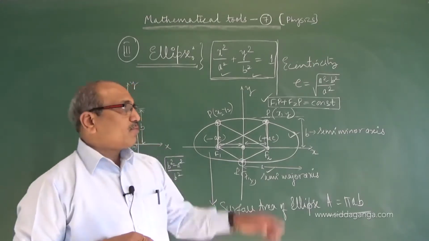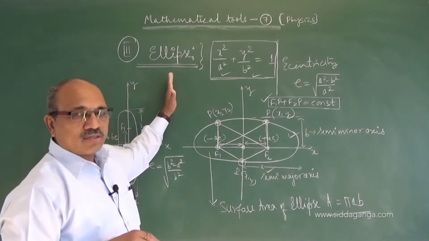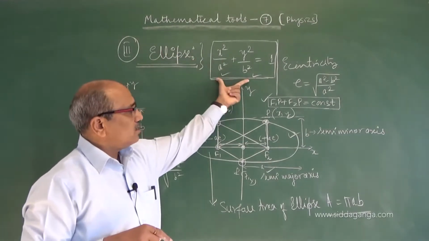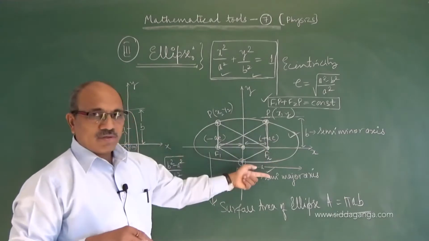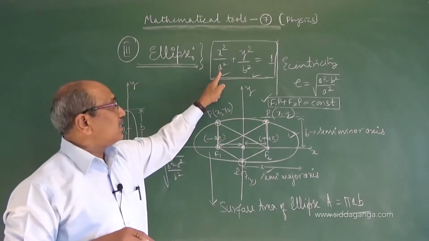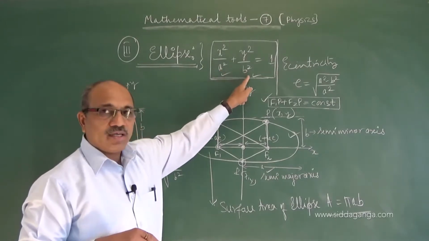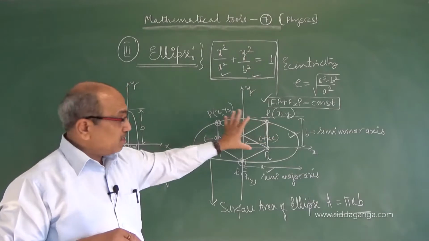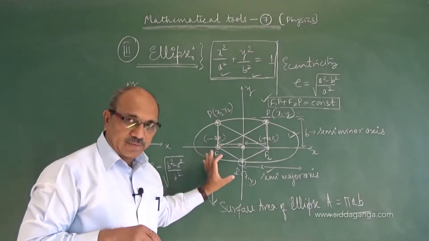And again I brought this third curve, third nature, that is the ellipse. Under this equation, if you plot the curve, you will get the shape we are getting here, taking definite values of a and b, putting x and varying y, we get the values. The shape of this form is called an ellipse.